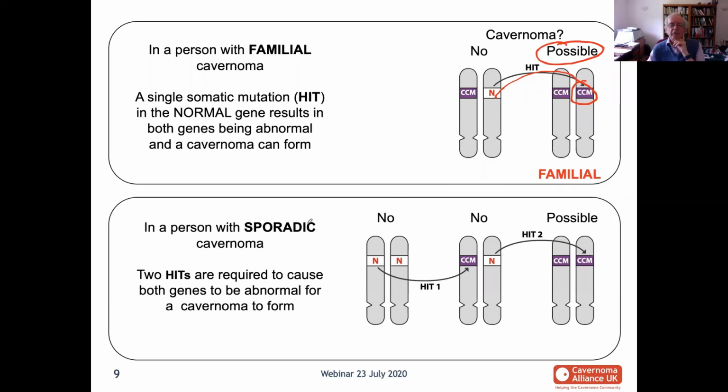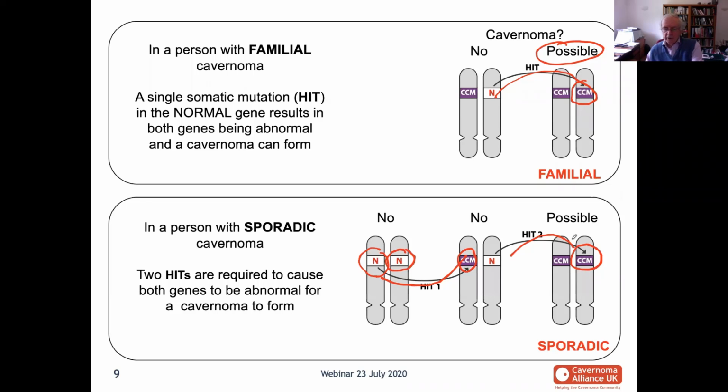If you are a person that's going to have a sporadic Cavernoma, you start off with two normal genes. You have to have a hit in one of them to give rise to an abnormal gene, and then you have to have a hit in the second one to get a second abnormal gene, and you then have what's called a sporadic Cavernoma.